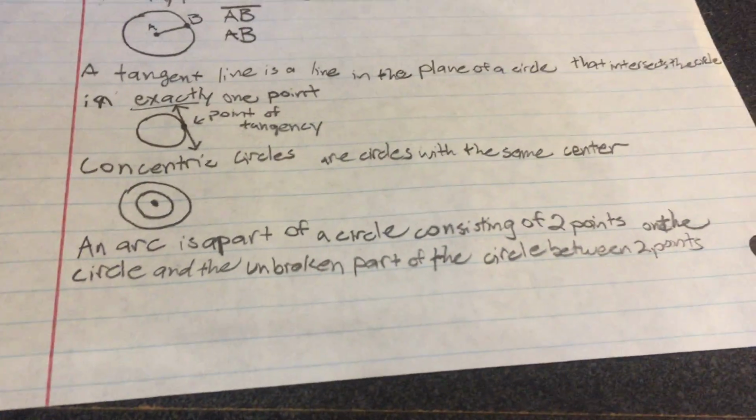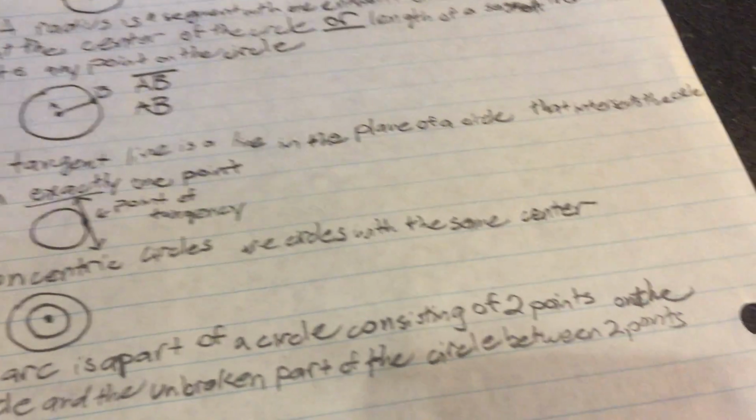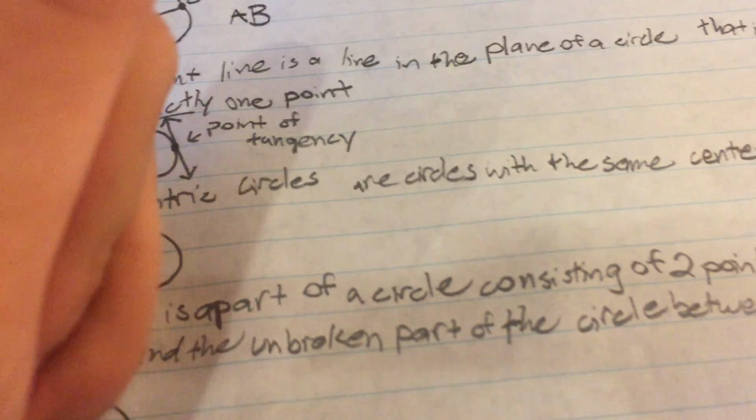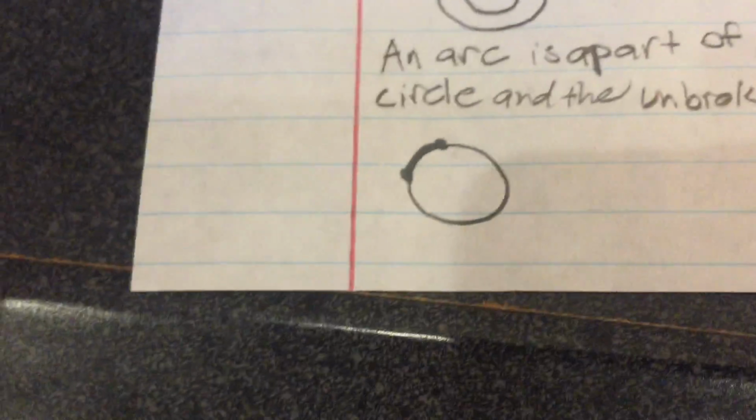Copy down those definitions now. So it's like this is the circle, and this part could be an arc, you know?